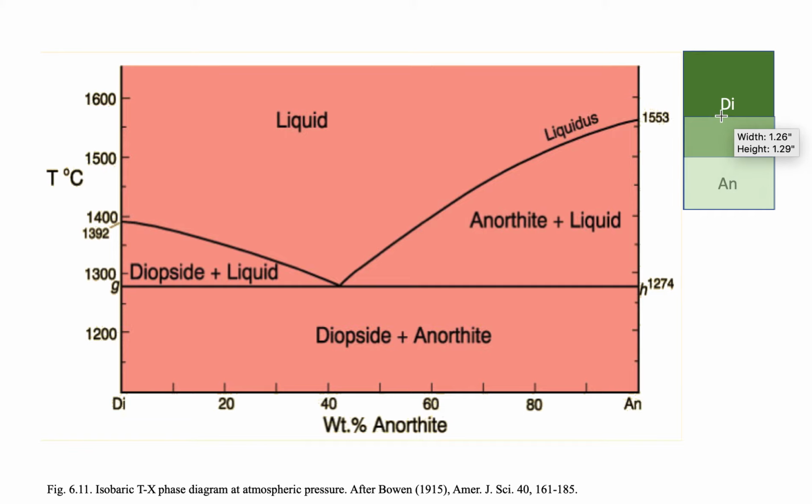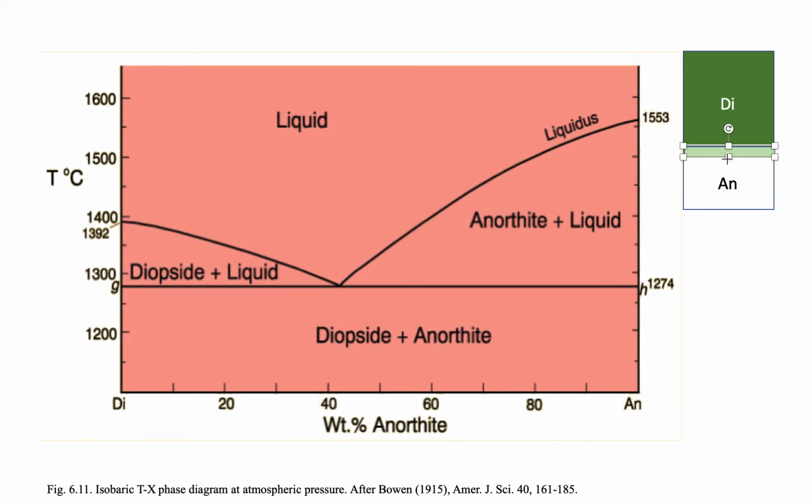And then when it hits the eutectic composition, that's when the first little bit of anorthite would appear, and then anorthite and diopside would crystallize together, eating away at the liquid, and we'll try to have this happening as equally as possible.